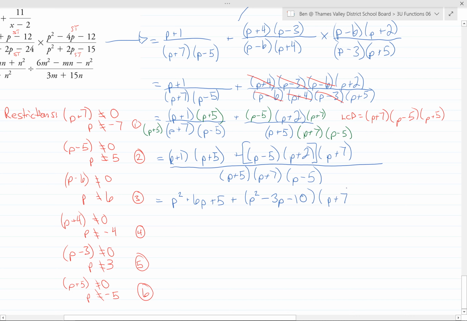times p plus 7. Now when I'm expanding this p plus 7, I need to multiply the first p times every term and then the 7 by every term, right? So we'll do that on my next line after I put my denominator down. So that's p plus 5, p plus 7, p minus 5. Perfect. We're still going here.